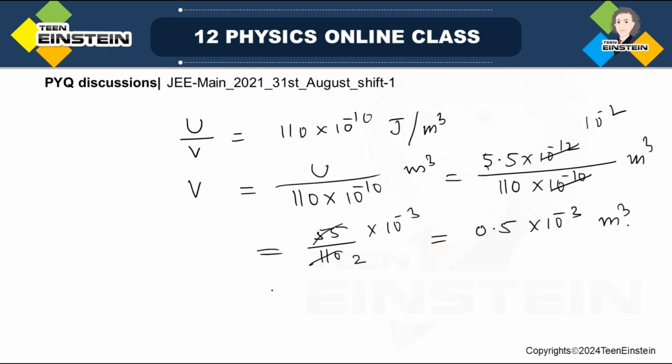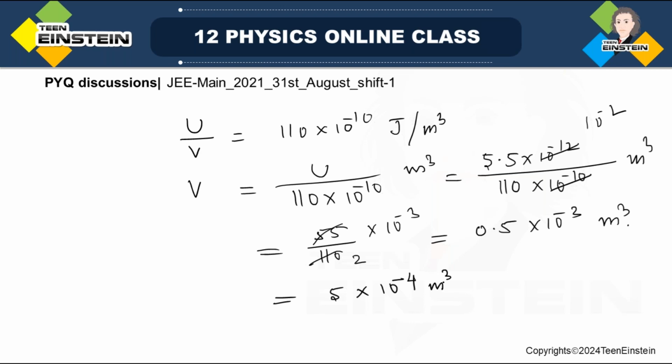So we can have 5 into 10 to the power minus 4 meter cube.